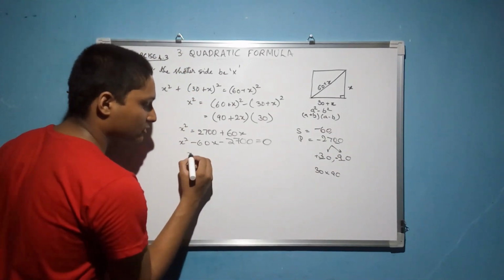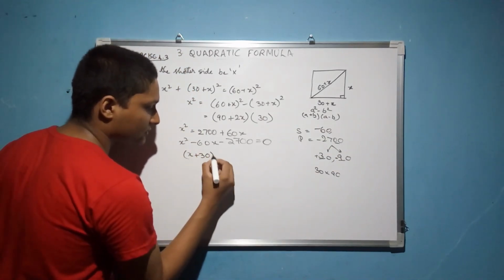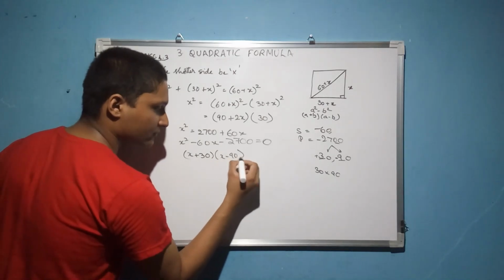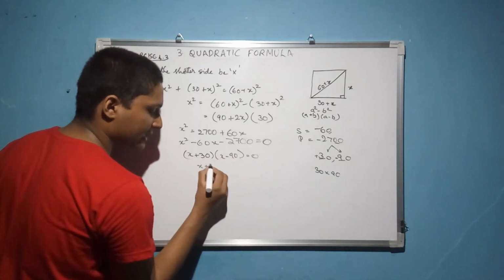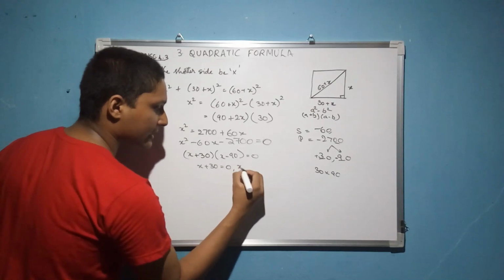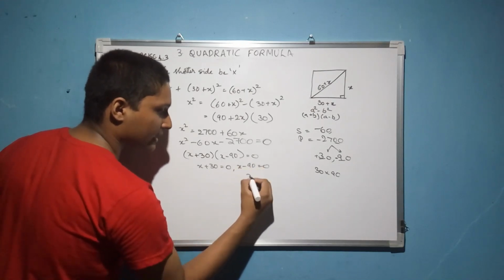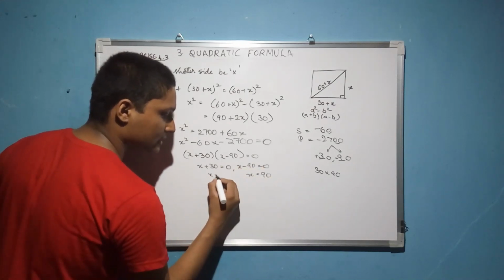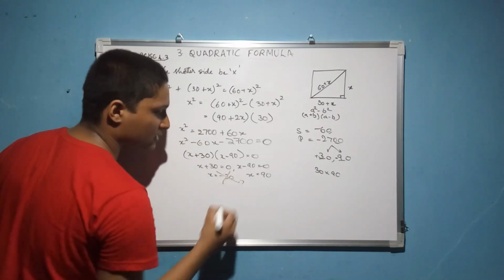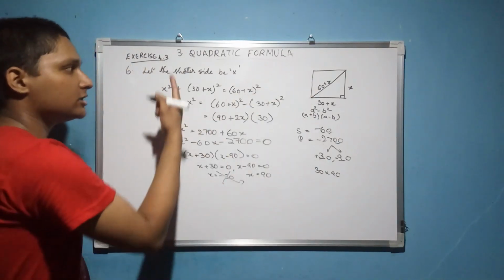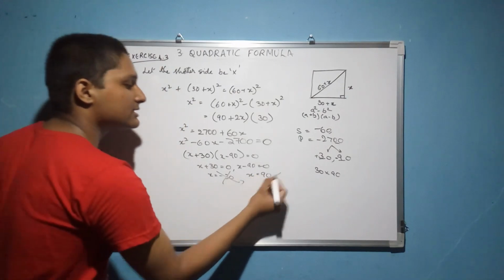So you can directly write it as (x plus 30) into (x minus 90) is equal to 0. So x plus 30 is equal to 0 and x minus 90 is equal to 0, so x is equal to 90 and x is equal to minus 30. Minus 30 is not possible because it is going to be the length of the shorter side. So we are considering only this one.